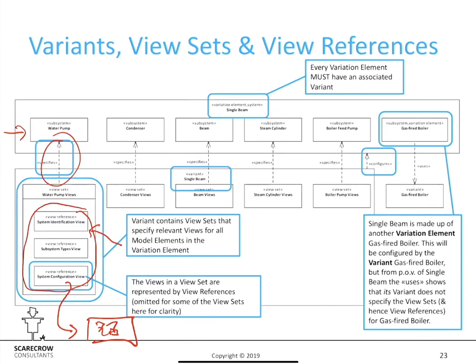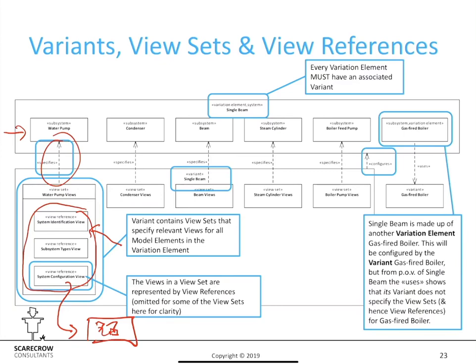We use this uses link now, which tells us that the single beam's gas-fired boiler is itself a variation element. It's got its own variant. So from the point of view of the single beam, it says essentially my variant doesn't have to include information on the gas-fired boiler. We can go away and use that other variant that already exists. Okay.